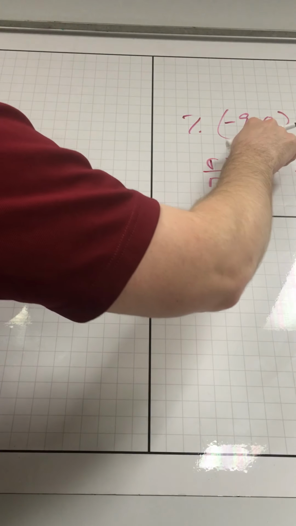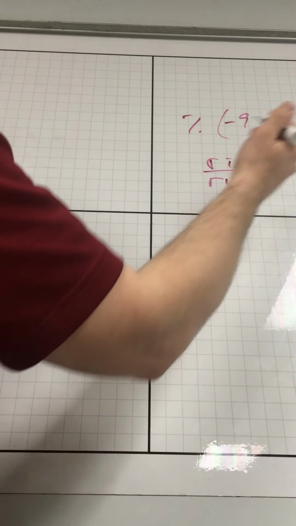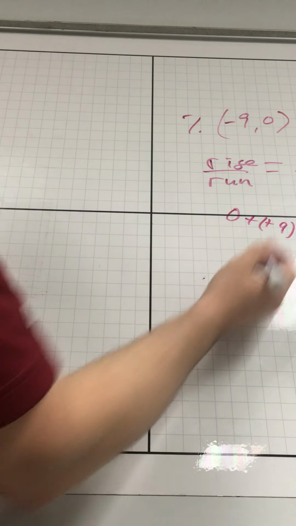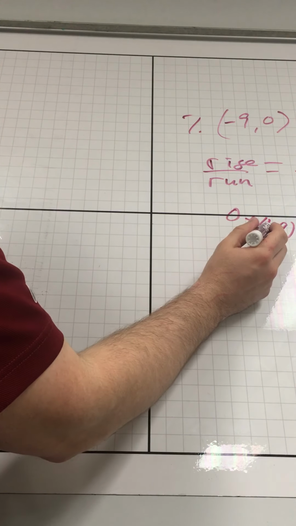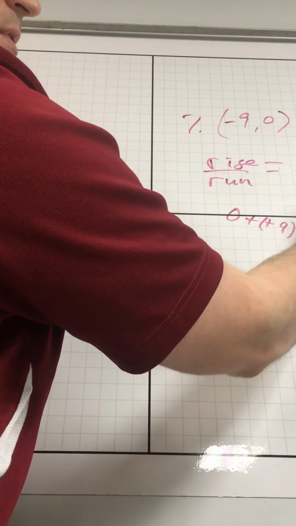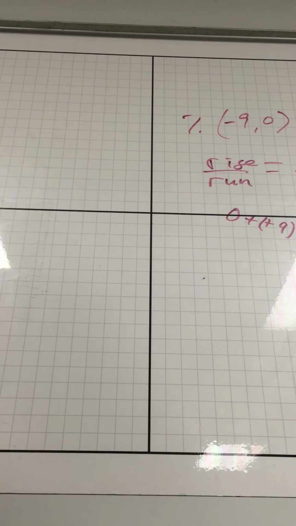So we'll just put those in and find them. This is negative 6 minus 0. Of course, that's negative 6. And then 0 minus negative 9. Well, 0 minus negative 9 is a positive 9, because you're subtracting your negative, you change the sign of the subtrahend and add. So that's a negative 6 over 9. We're not completely done because we have to reduce that fraction.